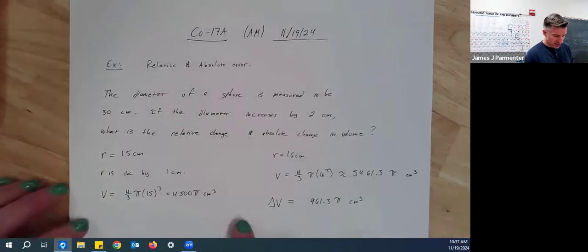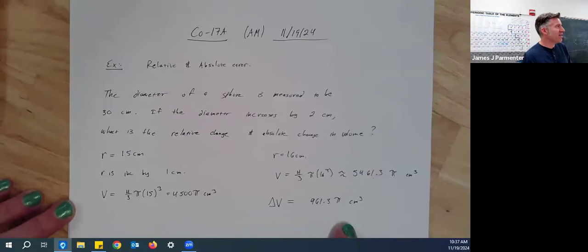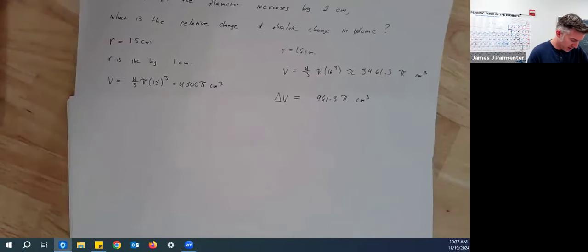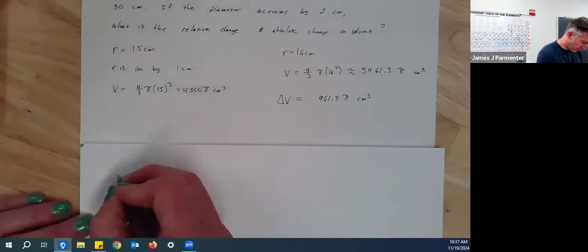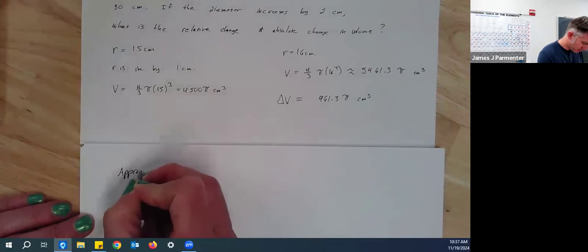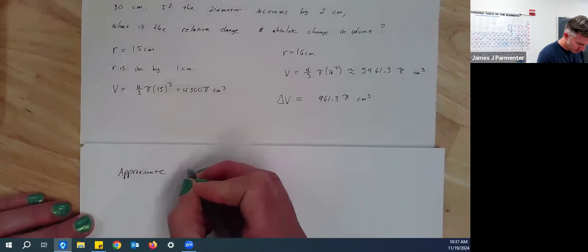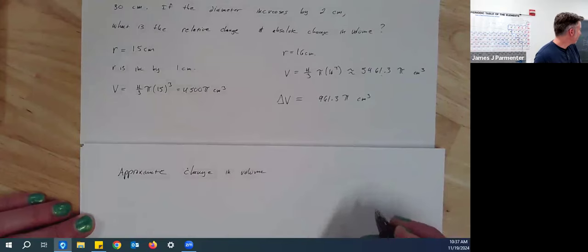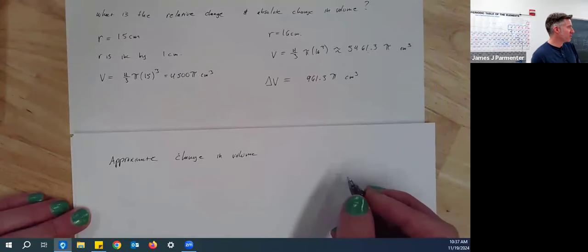So that's how we get the actual volume change, but that's not really the thing we like to do. What we're going to do is take the approximate change in volume. We typically call that the differential dV.